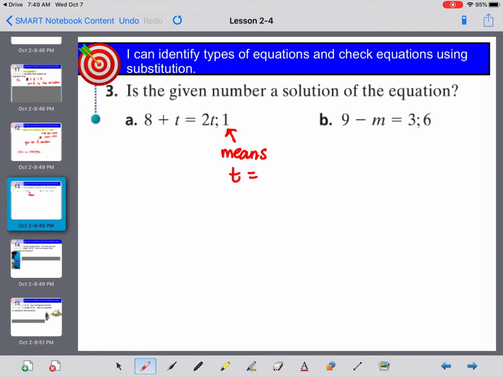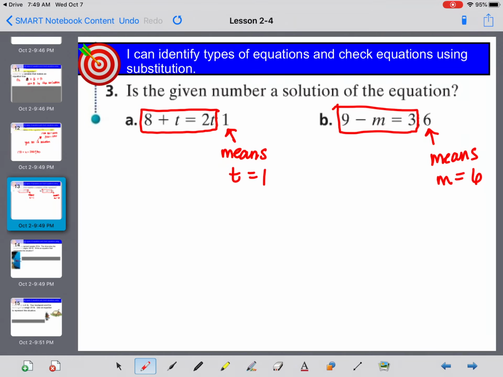In this case, t equals 1. Or m equals 6. So what I would like you to do is only work with this equation and ignore everything after the semicolon. Okay, let's give it a try. Pause the video, substitute the number in, solve it, and then tell me if it's a solution, then press continue.